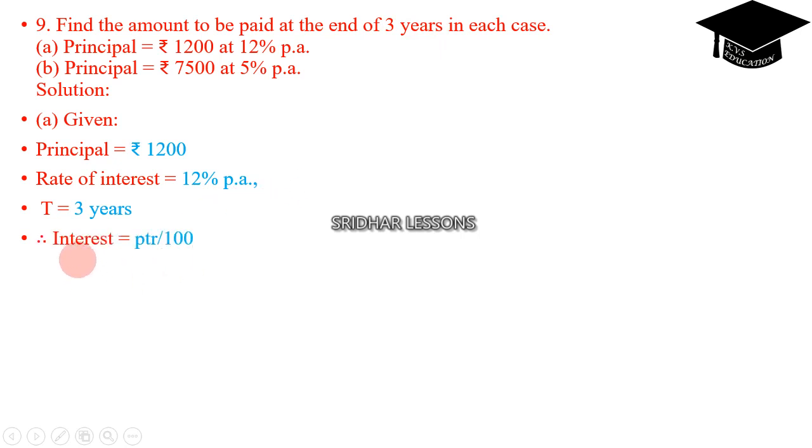The formula is interest is equal to PTR by 100. So we know the values of P, T and R. 1200 into 12 into 3 by 100. The amount is equal to principal plus interest that we have to pay at the end of 3 years.